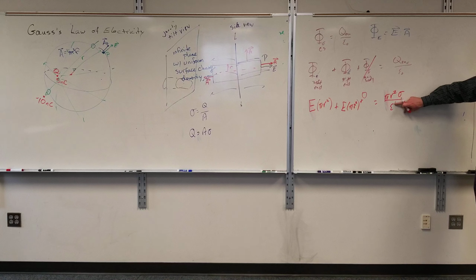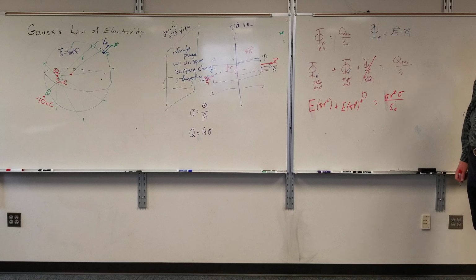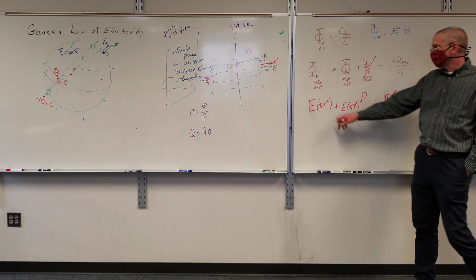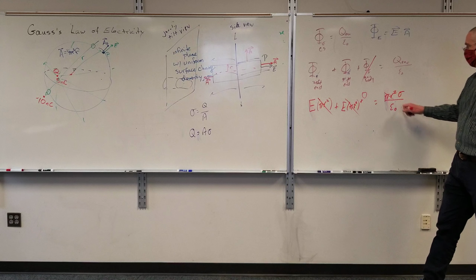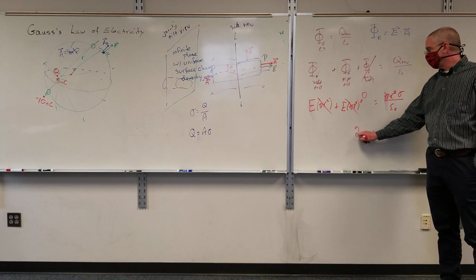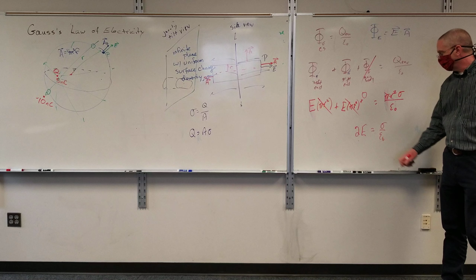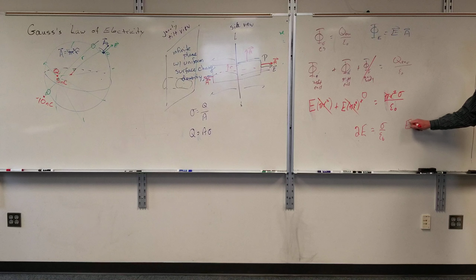Everything's got pi r squared, that's convenient. So I'm left with 2 times the electric field strength equal to sigma over epsilon sub naught, or the magnitude of my electric field is equal to sigma over 2 epsilon sub naught.